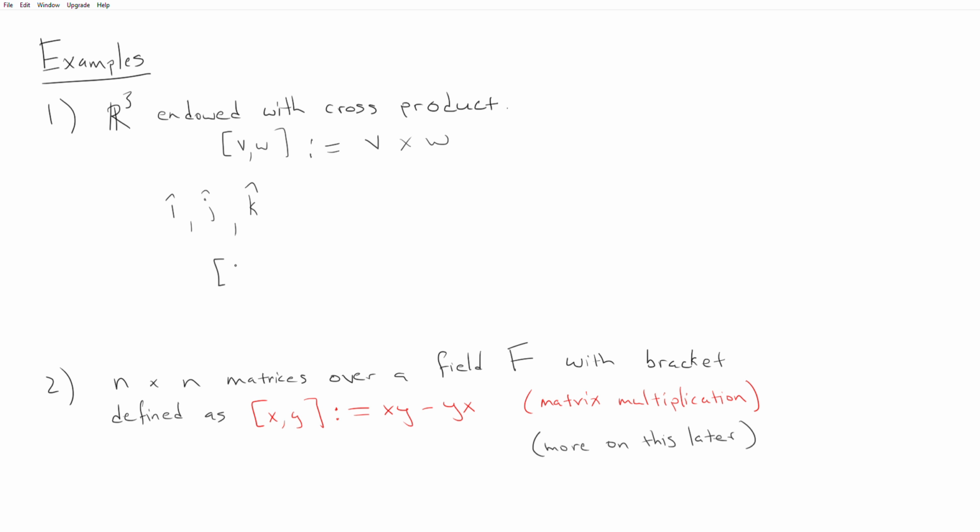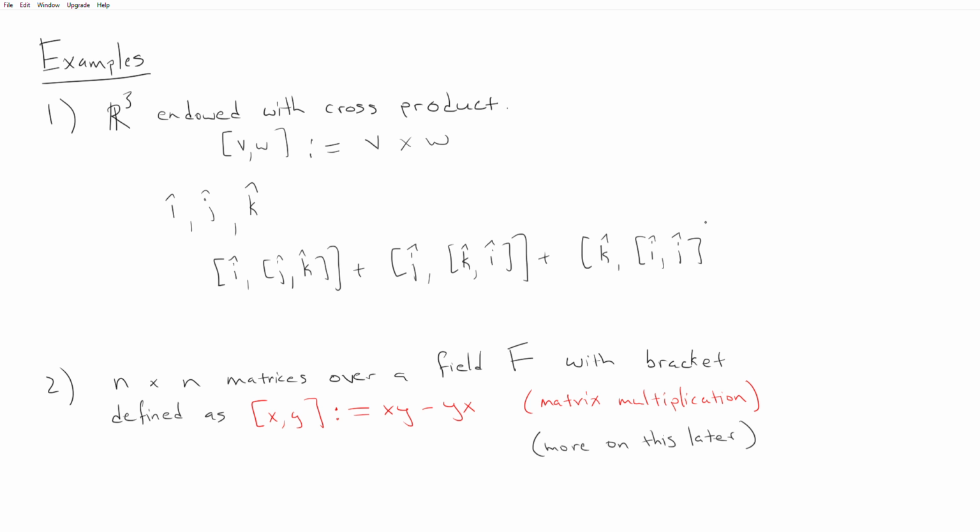So we want to check that i bracket with j bracket k, plus, now we bump the i to the back, so j bracket k bracket i, plus, and now we bump the j to the back, and so it becomes k bracket i bracket j.